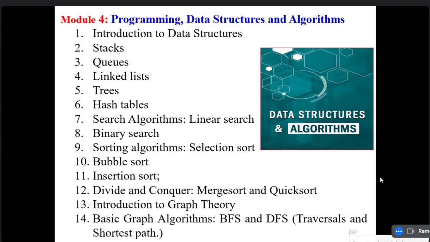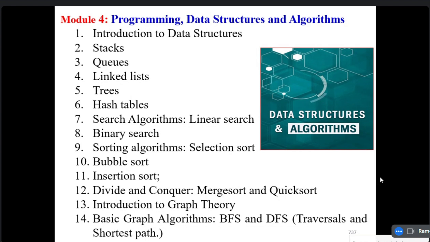How can you define linear data structures? Linear data structure is a systematic way of organizing data and storing the data and representing the data and retrieving the data in the fashion of linear, sequential. That is called linear data structures.